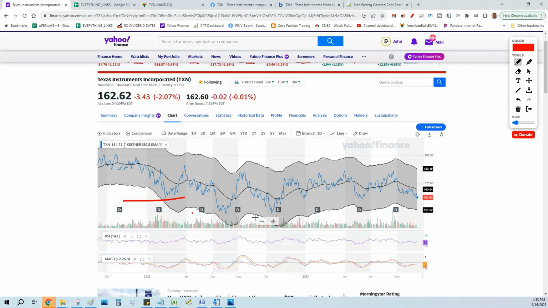Every time it touches a bottom, we want to find this consistency that could be support. Meaning, Wall Street's selling it off, and when it hits this line of support, Wall Street comes back and has proven they'll buy it up. Texas Instruments clearly has that. You can see it right here. With recent trading, it has touched this bottom at least 3 times and is trading at the bottom now.